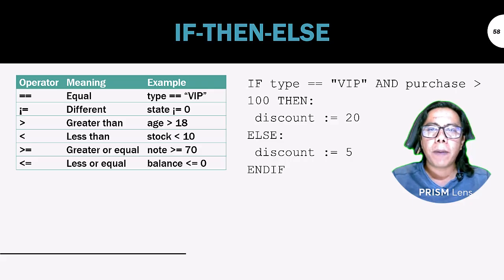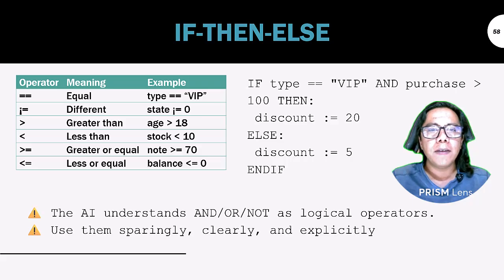It doesn't opine, it only executes. You can combine conditions with and, or, not, but remember, the final result is always binary. Artificial intelligence understands and, or, not as logical operators. Can they be combined? Yes, of course, you can combine them.